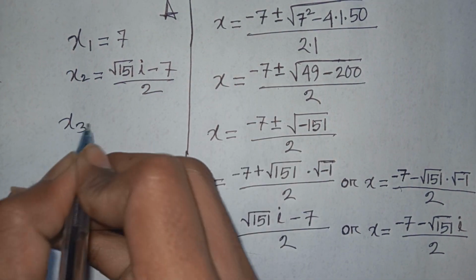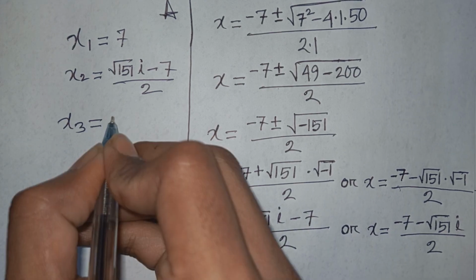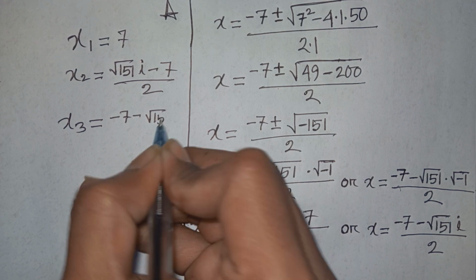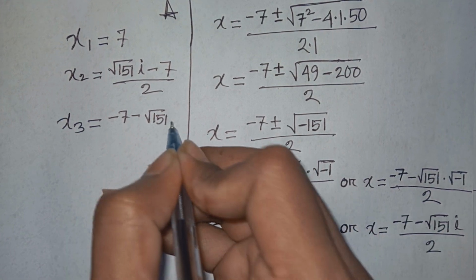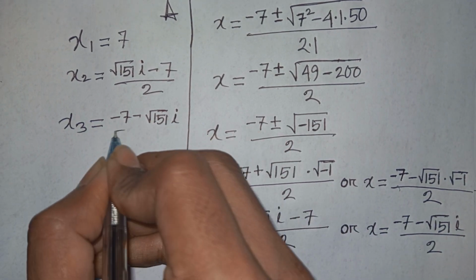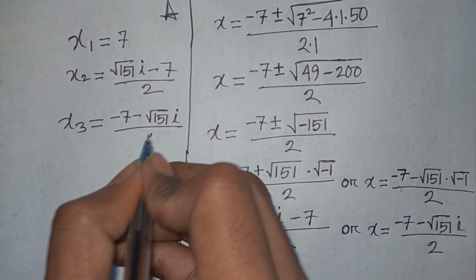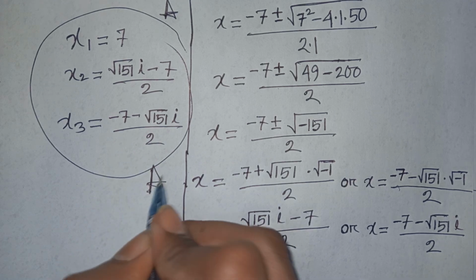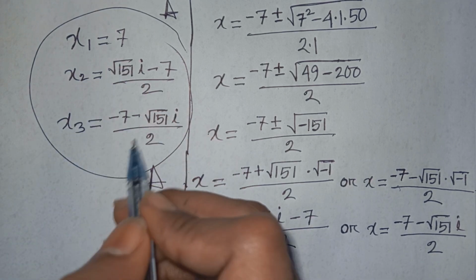Then x3 will be equal to minus 7 minus square root of 151 i divided by 2. So these are all the values of x. So this is our final answer, one real value and two imaginary values.